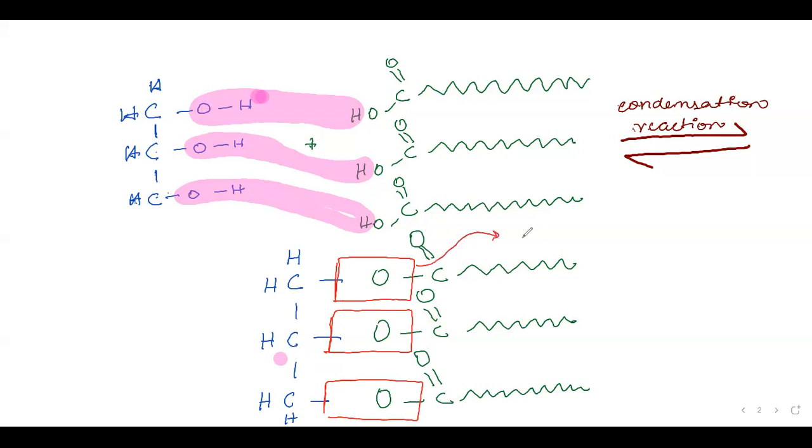This bond is known as an ester bond or ester linkage. In fact, if you have done organic chemistry, you might recognize that this is an ester. A triglyceride is basically an ester, which is a combination of your glycerol and your carboxylic acid to give you an ester.